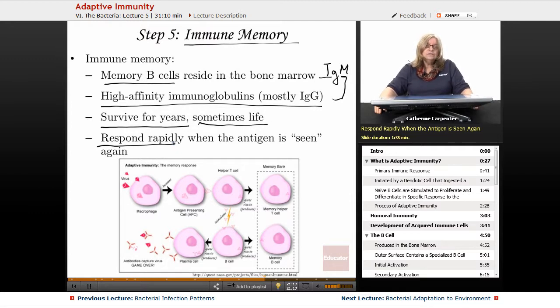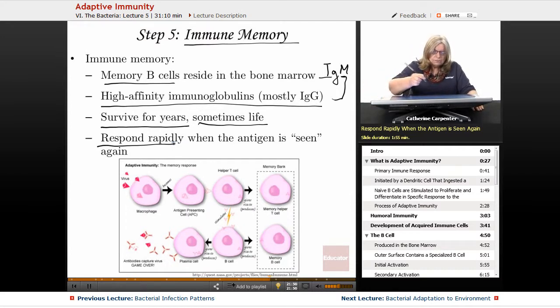But we know, for instance, with some vaccines, you need to get a booster because the human host can forget the infection, or the memory B cells, for whatever reason, just go through apoptosis over time, and then you don't have any more memory cells. Then you get a booster vaccine, and your immune system is taught again what the shape of these antigens are.